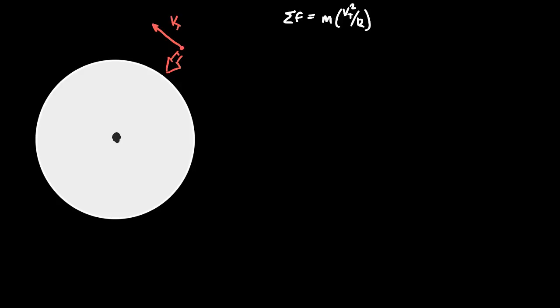Now, it doesn't matter which side we look at first. In any circular motion problem, this is what it takes to make that circle. This is what is causing the change in your direction.